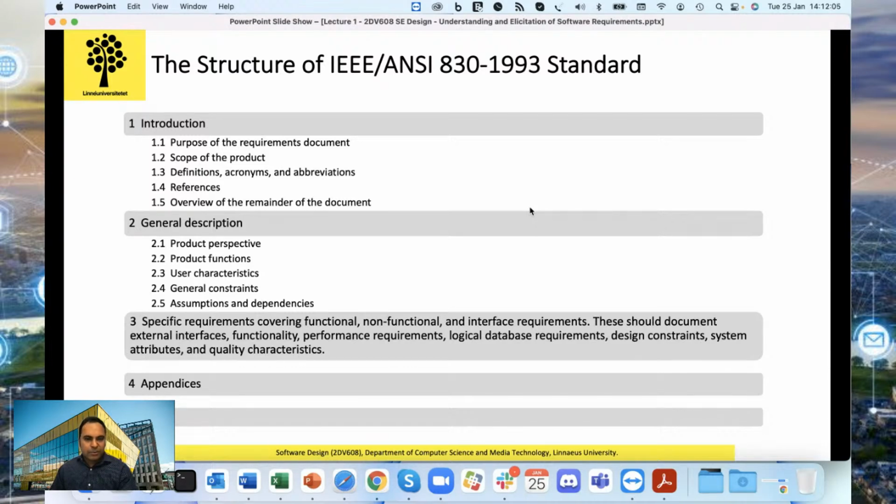And the most important part of the requirements document is the third section, where you specify your functional and non-functional requirements and also interface requirements. At this point, you can also mention database constraints, design constraints, or any other system attributes you want for the system. Sections 4 and 5 are mostly appendix and index. Those are optional, but sections 1, 2, and 3 are mandatory for any requirements document.